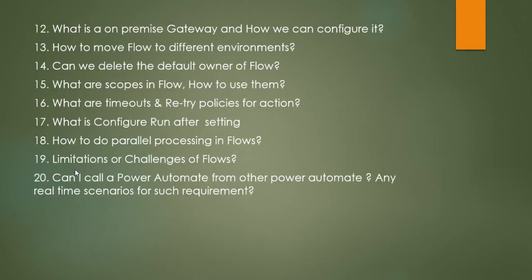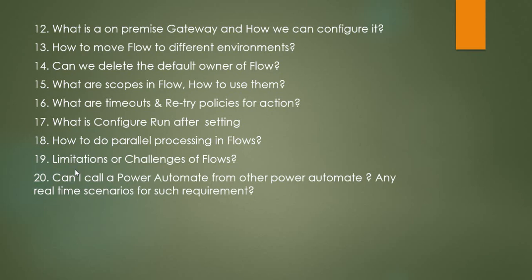Now going to question 12, what is an on-premise gateway and how can we configure it? Here the interviewer would like to understand, because Power Automate is a cloud service, how you can interact with the data which is inside your on-premise environment, inside your data center.